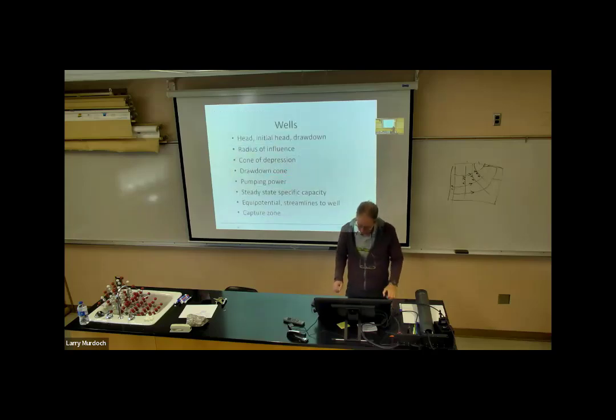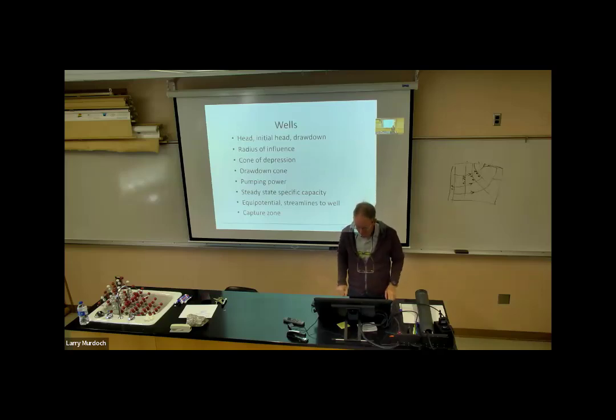Okay, so we talked last time about how wells are drilled, how they're created, the drilling process, the completion process, and now we want to talk about how we use them. And so I want to go through some nomenclature, some terms, and then give you a conceptualization about how wells will work.